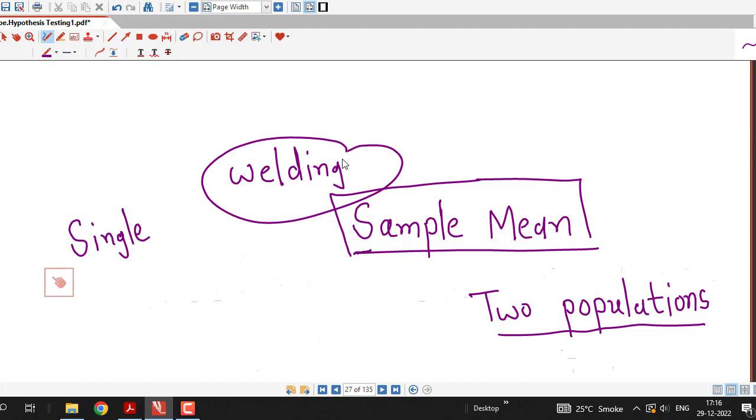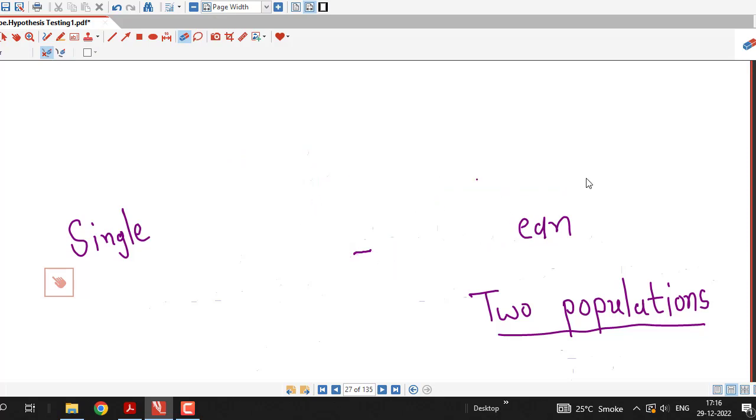So in that case we will require two-sample Z test. Whatever we have discussed is about single sample Z test and single sample T test. Now onwards we are going to discuss two-sample Z test and two-sample T test.